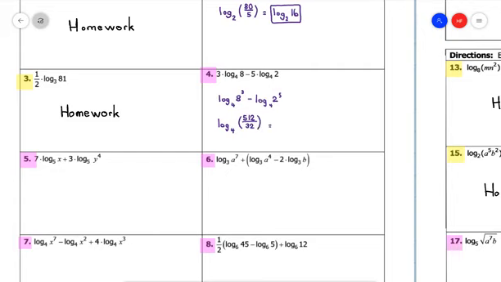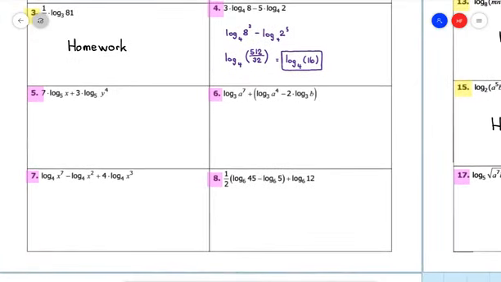And 512 divided by 32 is 16, so we have log base 4 of 16. And so we got that from that very long log that we started with.